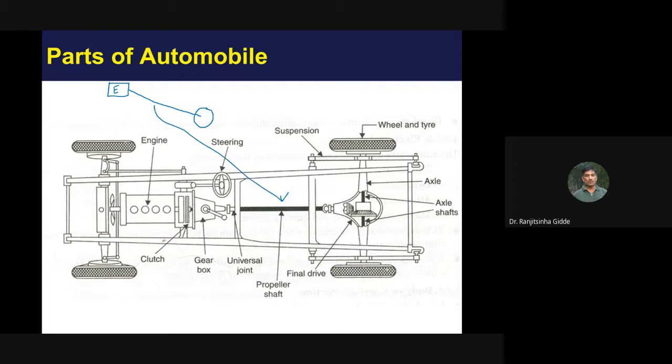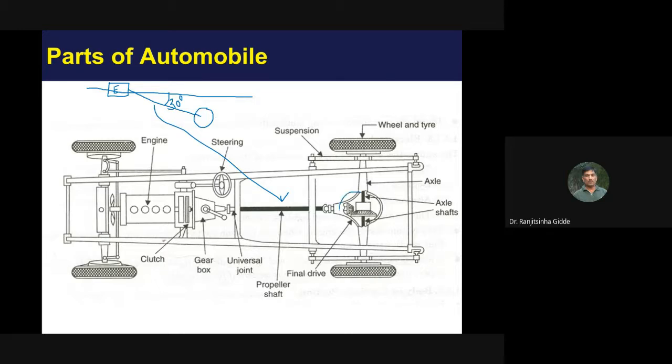This one is the propeller shaft. So you should remember that this angle is around 30 degree. Please remember this, not more than that. So this propeller shaft is used to connect engine and the differential.